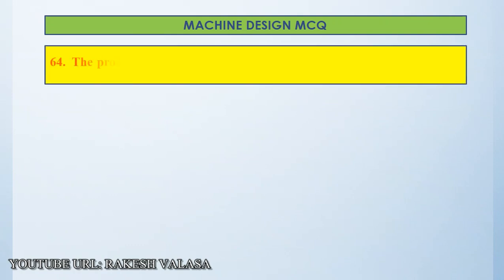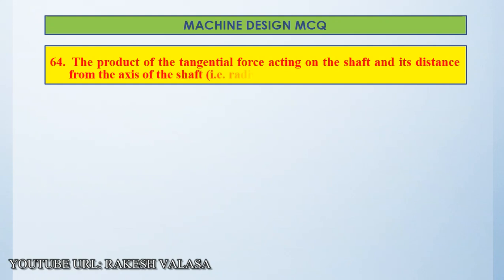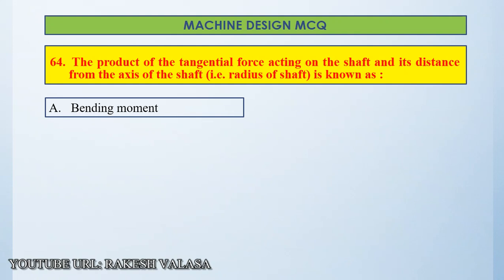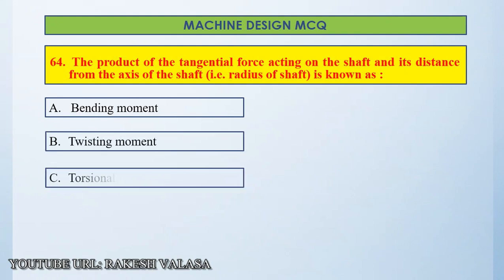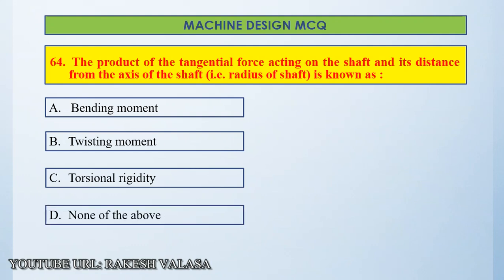Question number 64. The product of the tangential force acting on the shaft and its distance from the axis of the shaft, that is radius of shaft, is known as option A bending moment, option B twisting moment, option C torsional rigidity, option D none of the above.